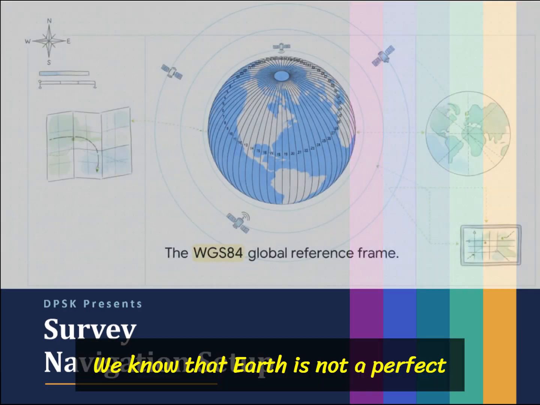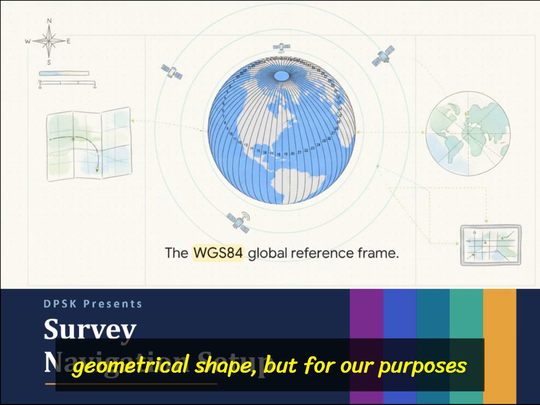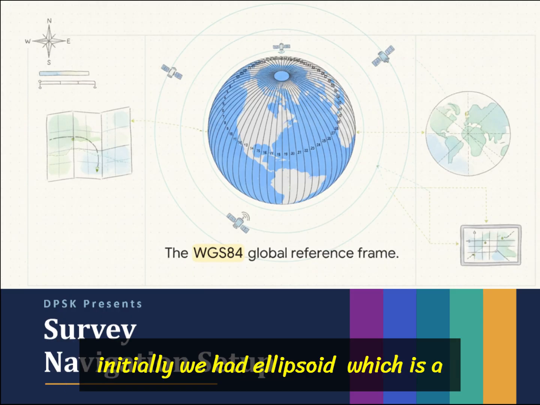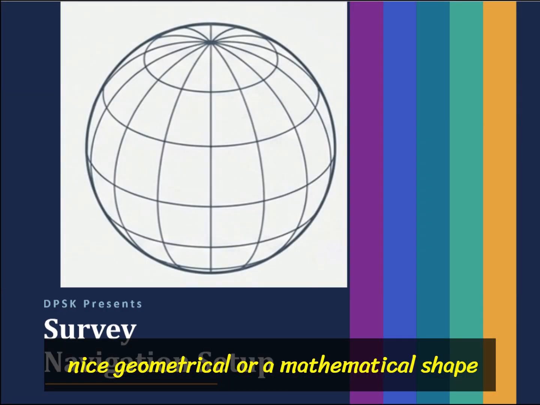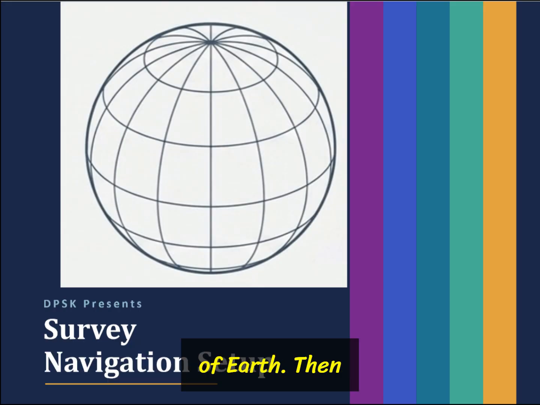We know that Earth is not a perfect geometrical shape, but for our purposes, initially we had the ellipsoid, which is a nice geometrical or mathematical shape of Earth.